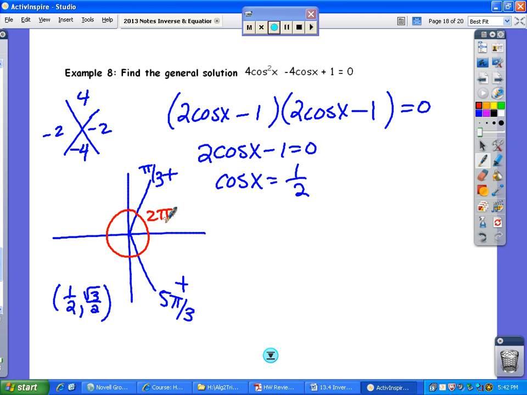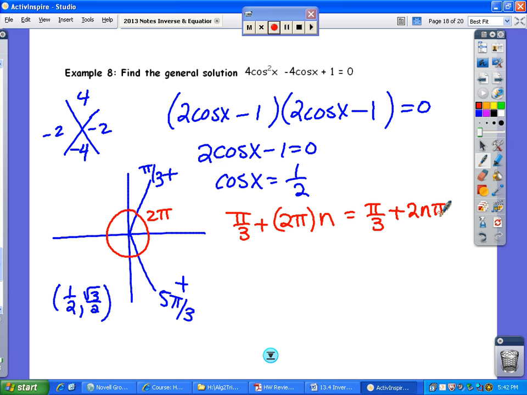So that means our multiple is going to be pi over 3 plus 2 pi times n. This is typically written as pi over 3 plus 2n pi. That's the way you're going to see it. But we're multiplying by multiples of 2 pi this time.